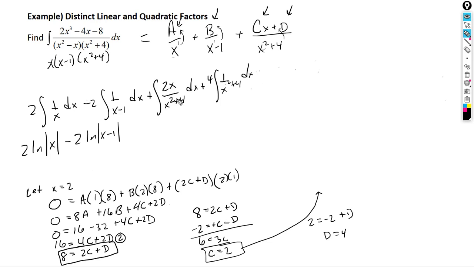Well, now, if you look at this one here, I'm going to have to do u-substitution. u is x squared plus 4, du is 2x dx, and then therefore the dx's are going to cancel. So then you're going to get 1 over u du, which is the natural log of the absolute value of u, x squared plus 4. Okay, so that one's easy.